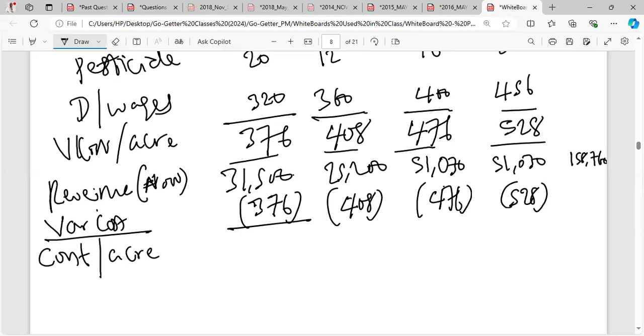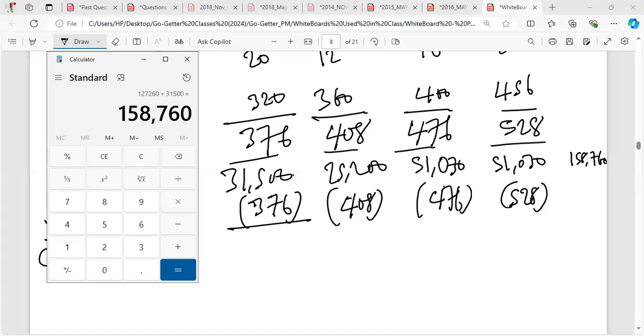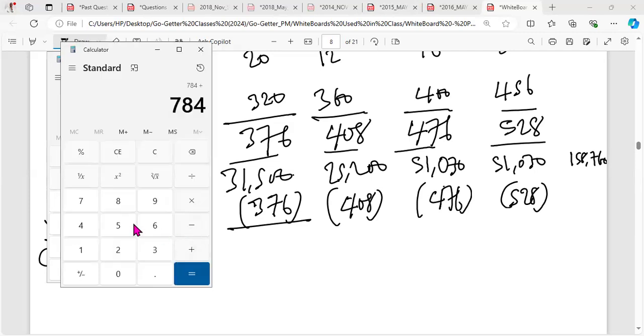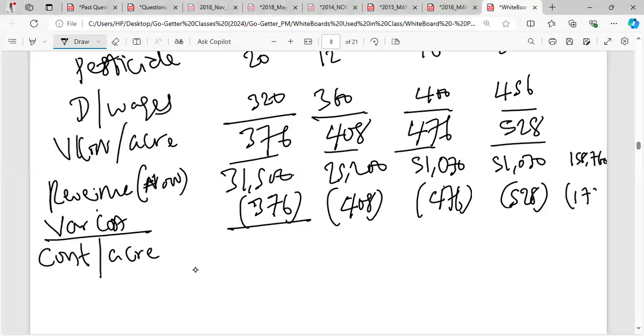So what we'll do here, let me use the second calculator to add all of these. 376 plus 408 plus 476 plus 528. Here I have 1788.